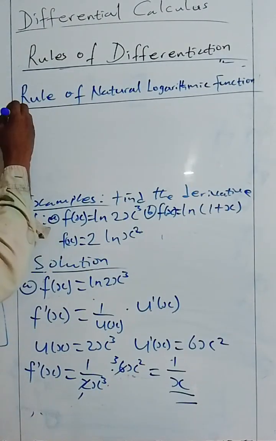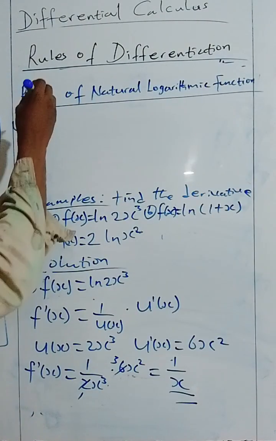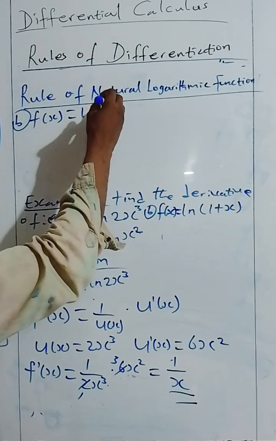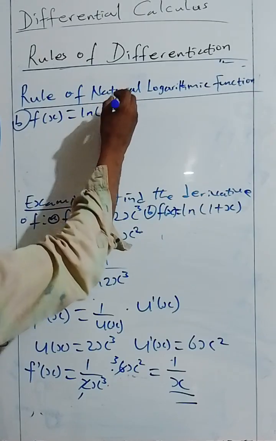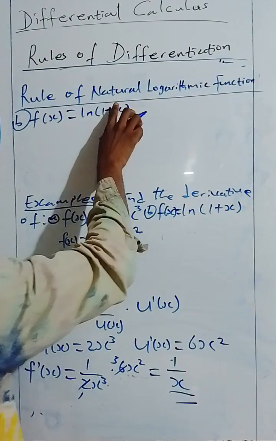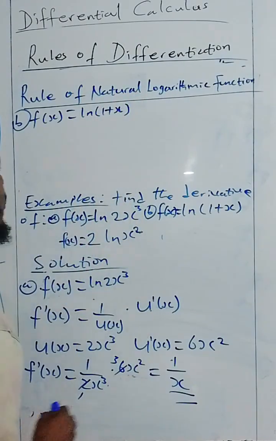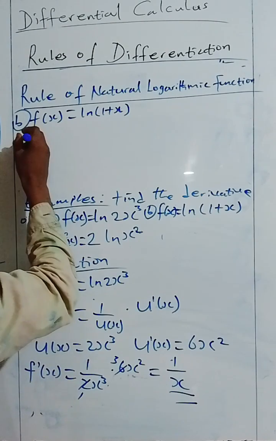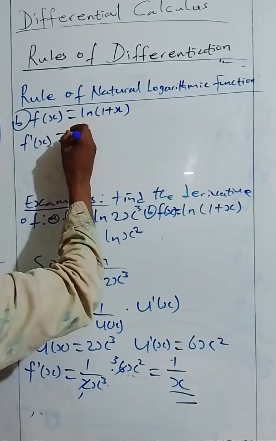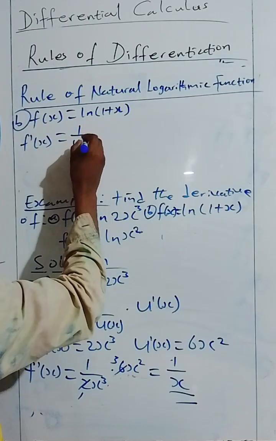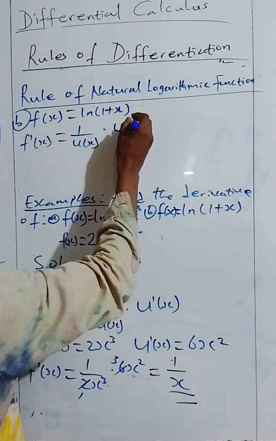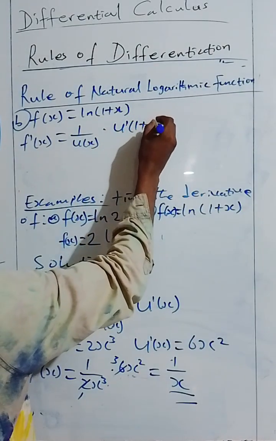So for the second one, B, we have f of x equals ln of 1 plus x. Now, you remember the rule says that the derivative is equal to the reciprocal of the original function, this is u, then multiply by the derivative of the function, which is 1 plus x.